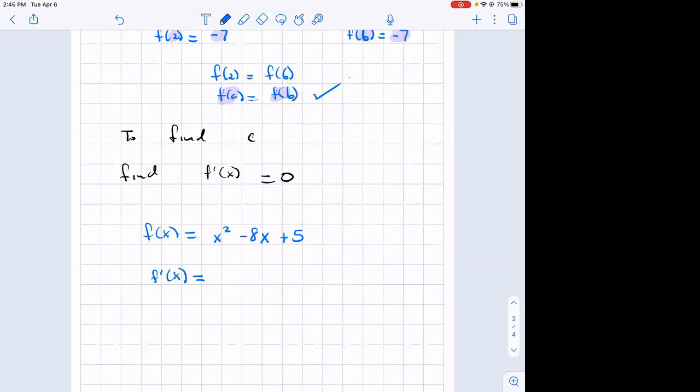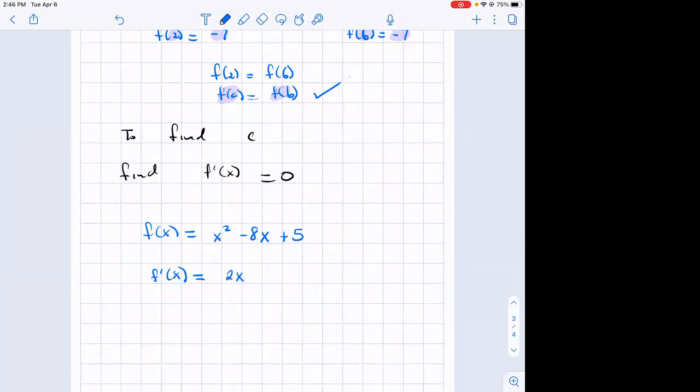Can you tell me what f prime of x is, please? It's 2x. Hold up, because I'm still writing it down.